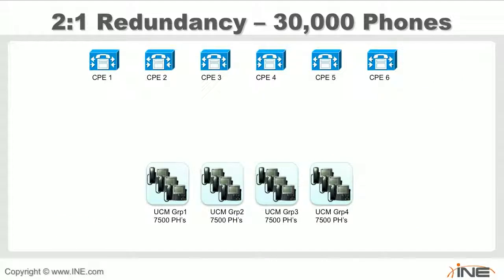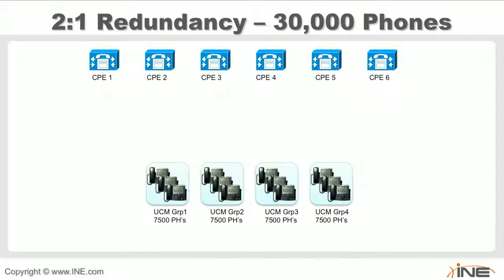Now with a 2-to-1 redundancy, I have, let's say, again, 30,000 phones cut up into 4 groups, each with 7,500 phones. And instead of 8 servers, I've now whittled it down to 6 servers just to save some money.